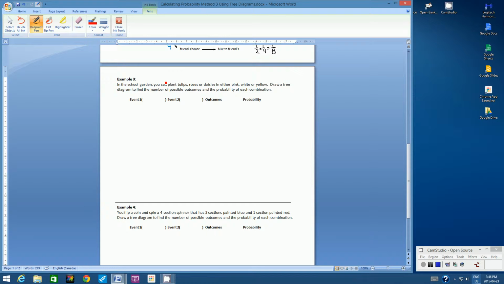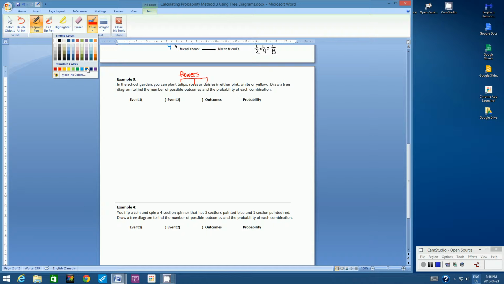Okay, so the first thing you have to identify is the two events. So what's the first event here? What would you call this? Tulips, roses, and daisies. Even if you've never seen one, hopefully you know that these are flower types. Okay, so these are flowers.